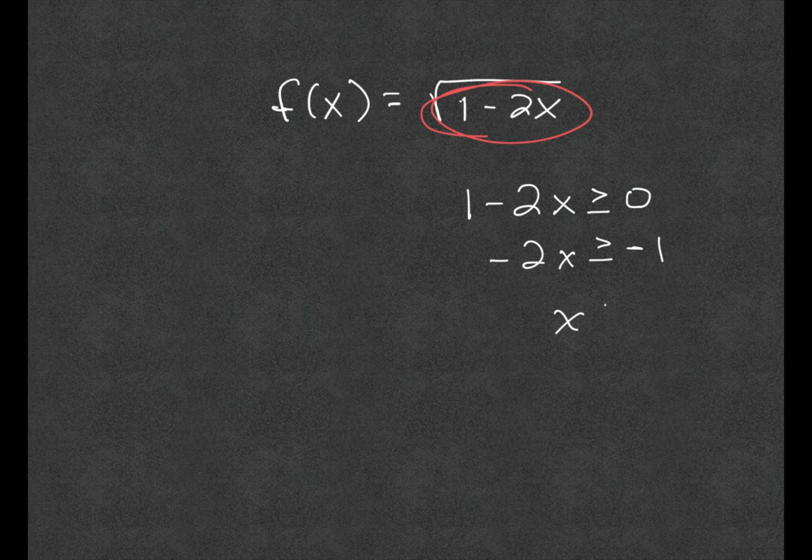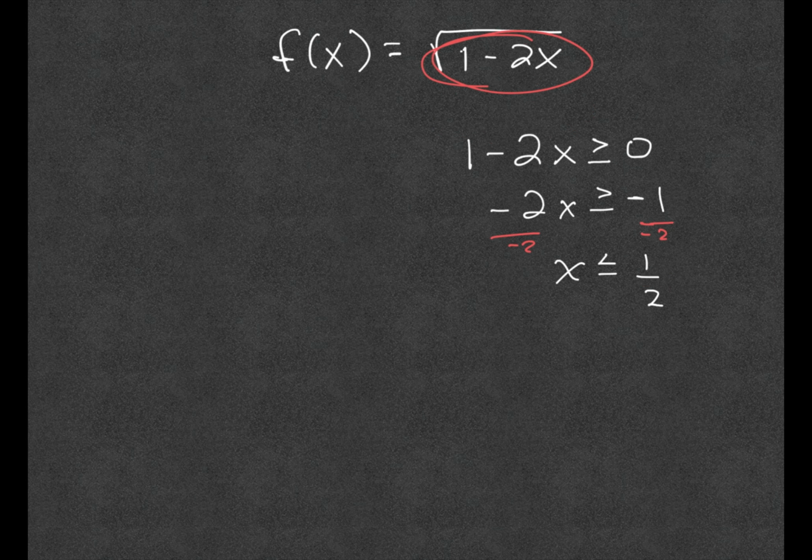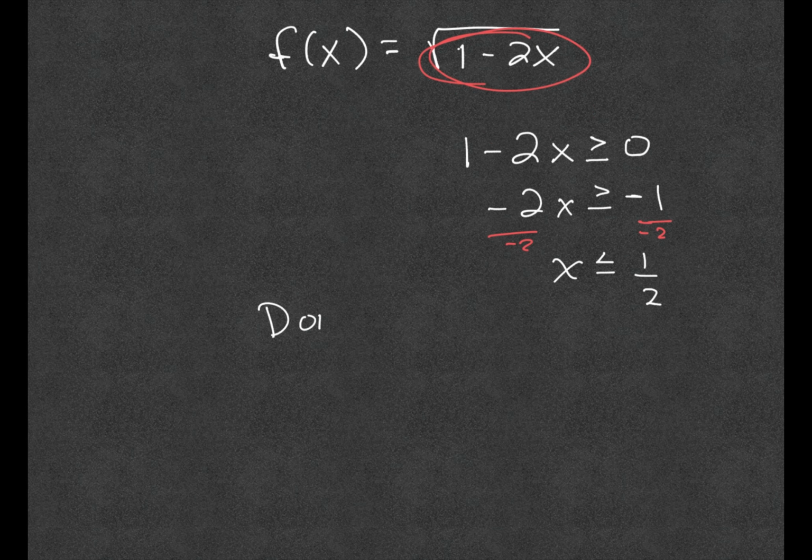When you divide by a negative number, negative 2, you have to switch the sign. x has to be less than or equal to 1/2. If x is anything more than that, then it won't work. You can't take a square root of a negative number.